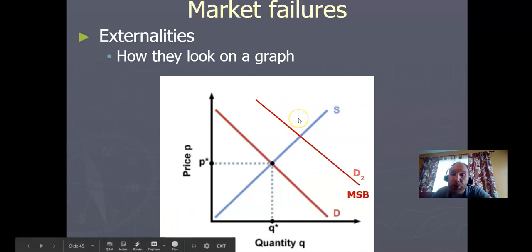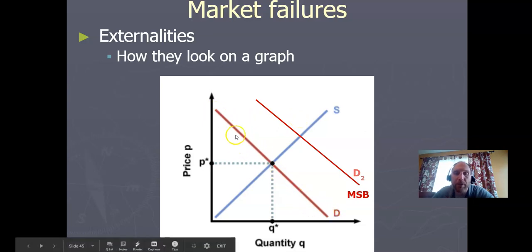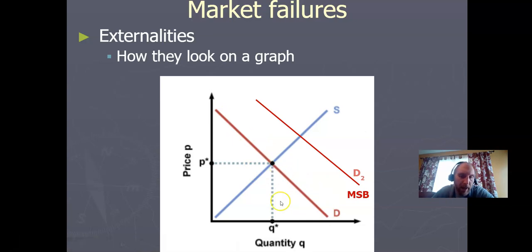The example here is vaccines. When individuals choose to consume vaccines and get vaccinated, if they're just taking into account their own private benefits, according to market economics we would produce at this quantity right here.